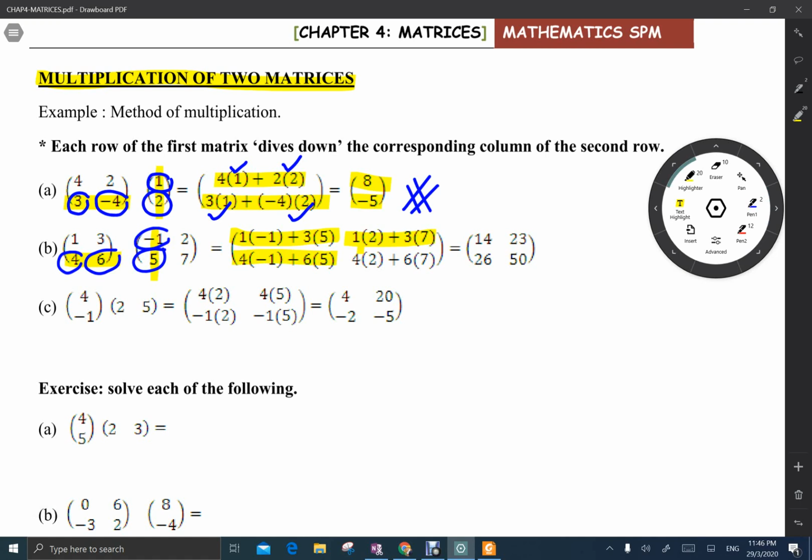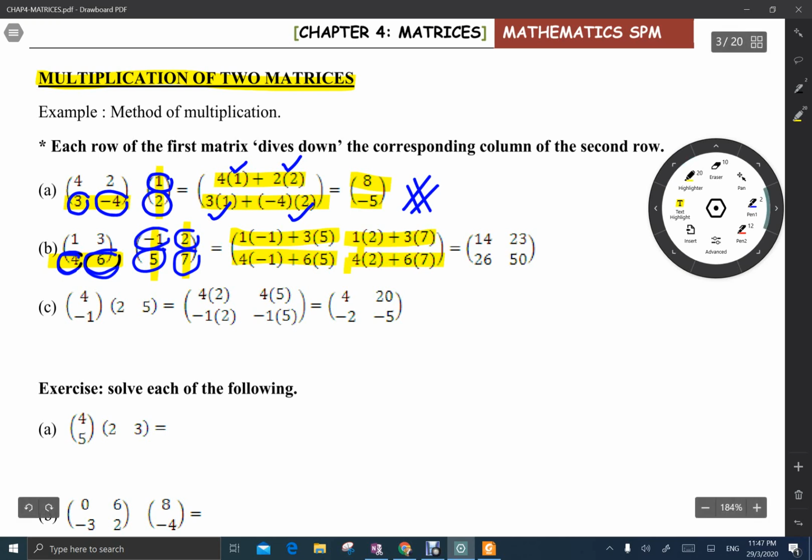Now, since dia ada second column, you all kena darab lagi sekali the second row ini dengan the second column. Okay, again, 4 times negative 2 plus 6 times 7.